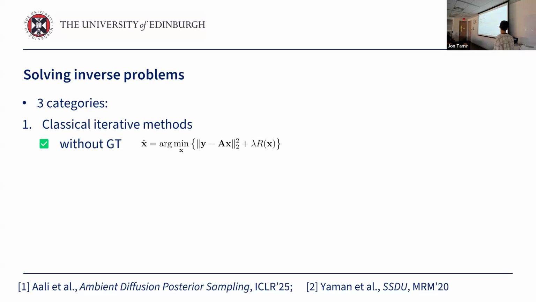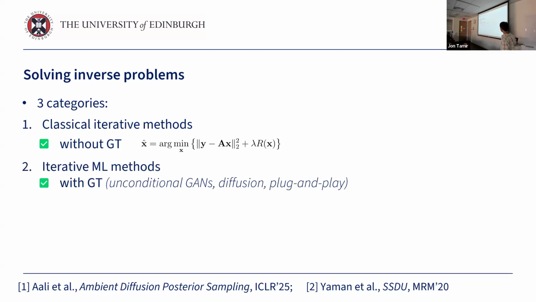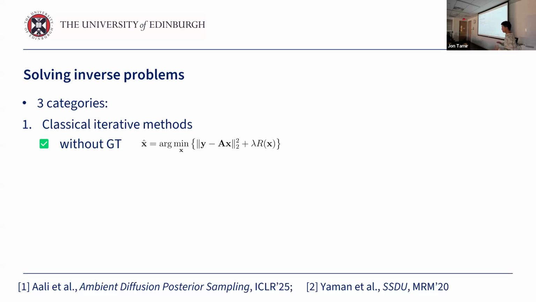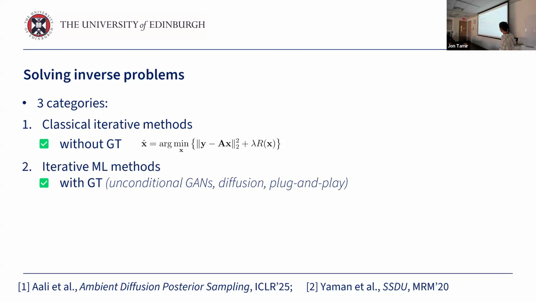This is okay, but then you have to make this very specific to what you're imaging, and at some point it's going to break down because you can't learn. You always have to go from your belief rather than learning from data. But the good thing about these methods is that it's a traditional solver method. You don't use ground truth because you're not doing any learning.